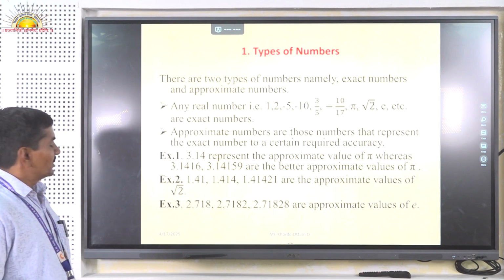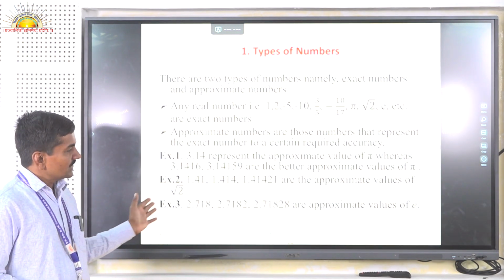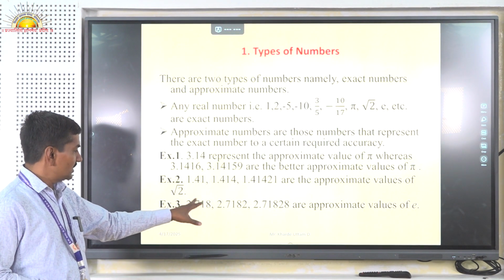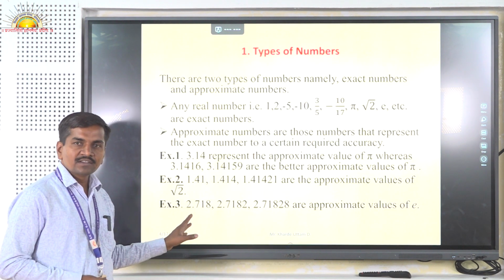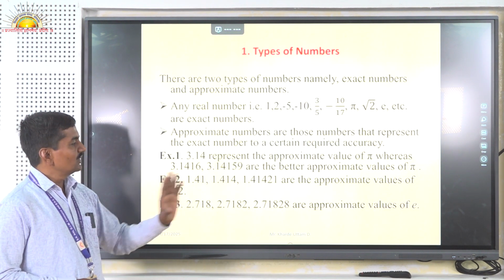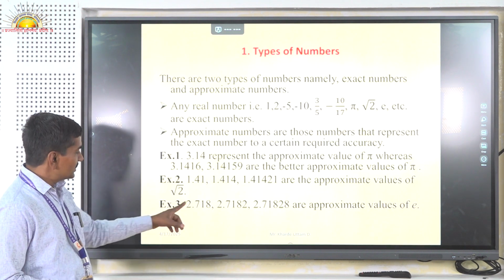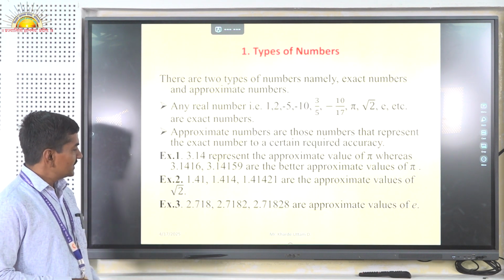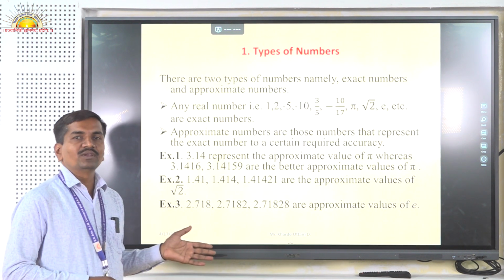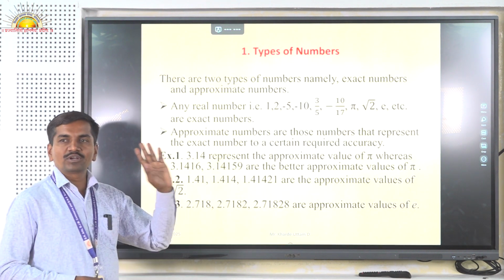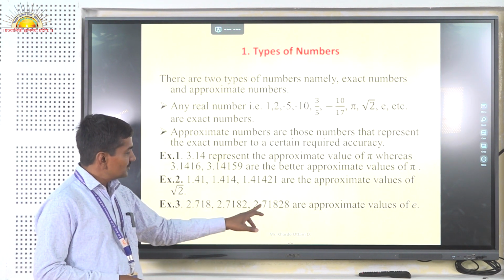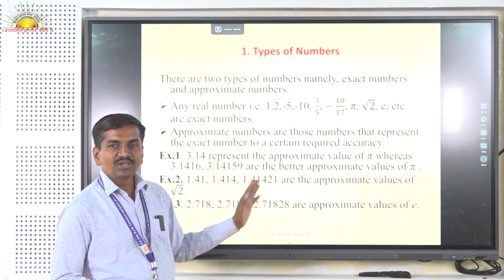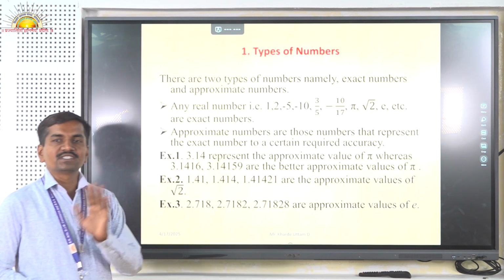Example number 3 represents the approximate value of e. For example, 2.718 represents the approximate value of the real number e up to 3 decimal places, whereas 2.7182 represents the approximate value of e up to 4 decimal digits, and 2.71828 represents the approximate value of e up to 5 decimal digits.